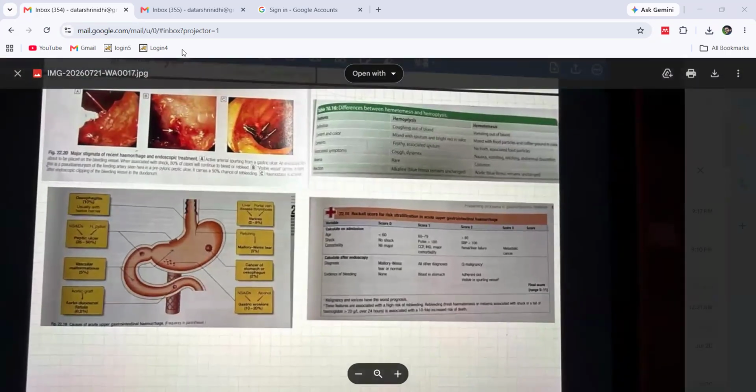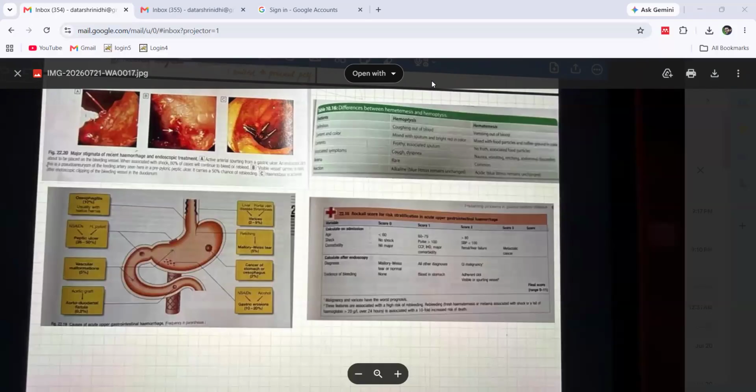These are a few images that were there in Davidson's. The first one shows the endoscopic view of the ulcer, if there is any active bleeding, or in the C photo of the endoscopy you can see where the hemostatic clips are attached, like how they've treated the ulcer.